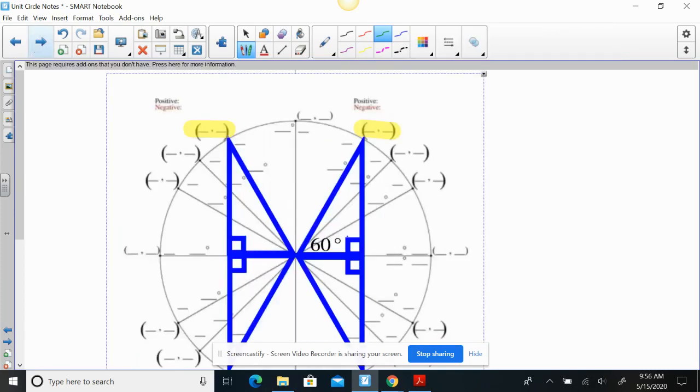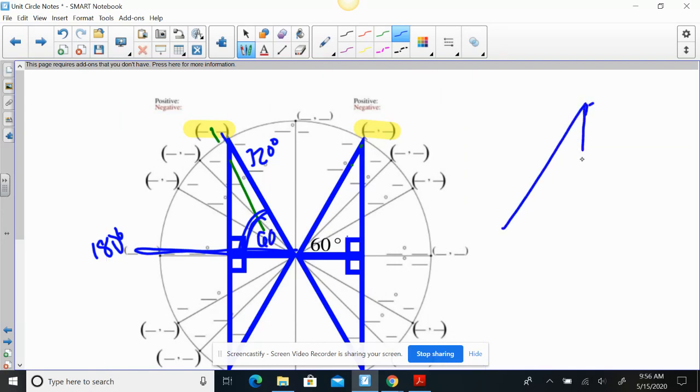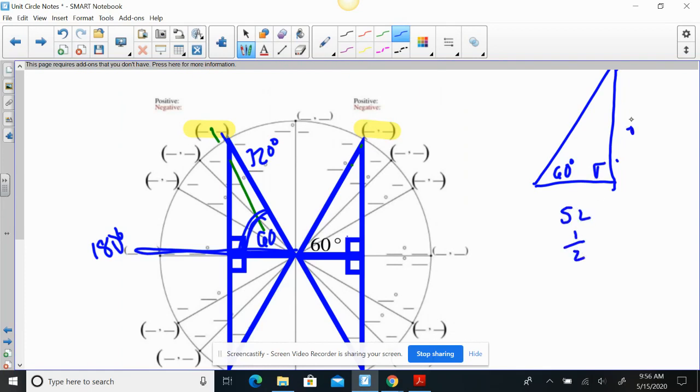The third point has a reference angle of 60. So even when I'm over here, this is really 120 degrees. If I'm thinking in reference to my x-axis, I would come back to this side because the shortest distance is actually coming down, and I do 180 minus 60, still gives me a reference angle of 60. So I'm taking that same triangle that I had when they were red that we started with, but now the short leg is down here, so this side is 1/2, and the long leg is here, so that's rad 3 over 2.